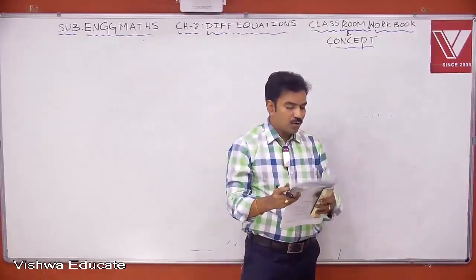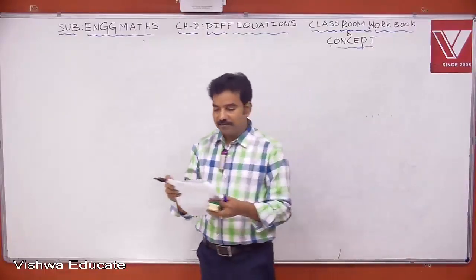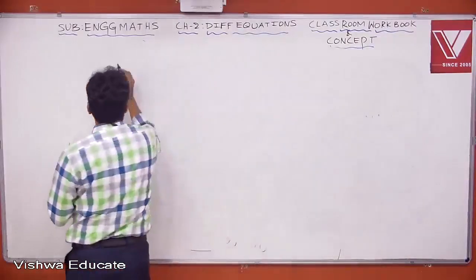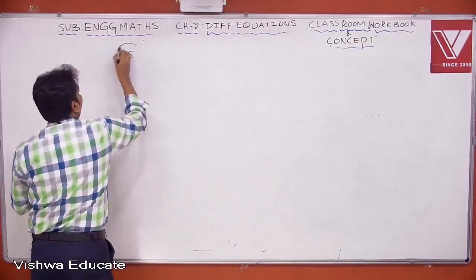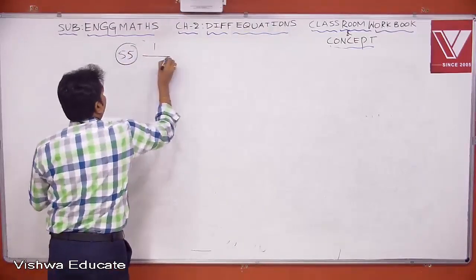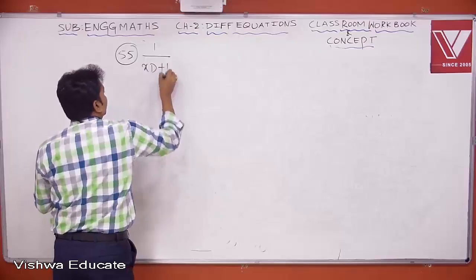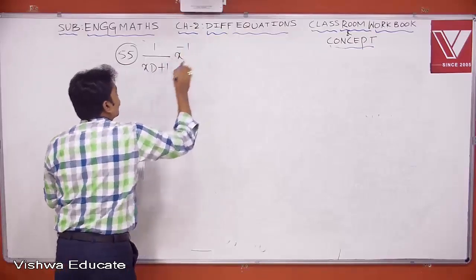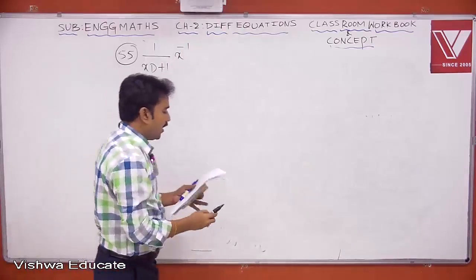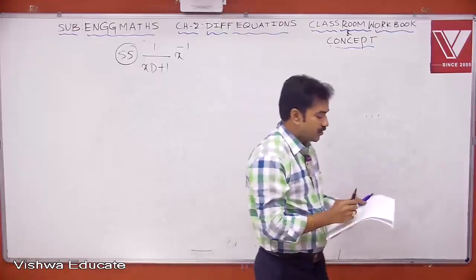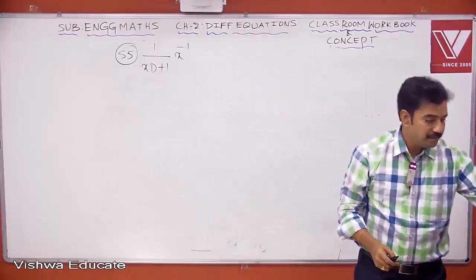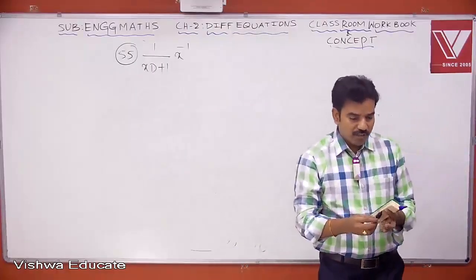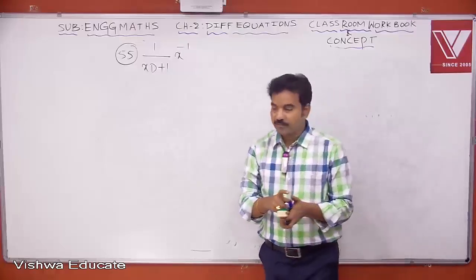Next, let us go through question number 55. Question number 55: 1 by xD plus 1 of x inverse is, options are given. We need to find the correct option.